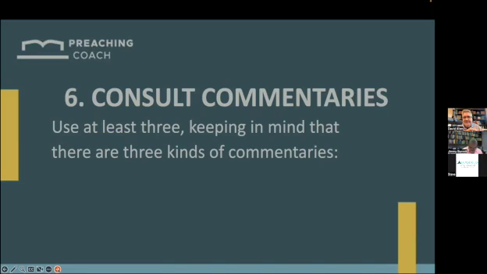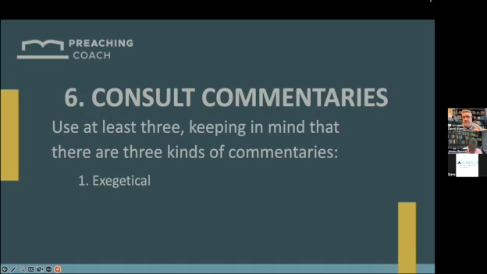And keep in mind that there are 3 kinds of commentaries, all right? Number 1, there are exegetical commentaries. These commentaries are considered the more technical commentaries. They deal with the Greek text, both in the body of the commentary and the footnotes. They're working from the Greek text and explaining to you the meaning of the Greek text.